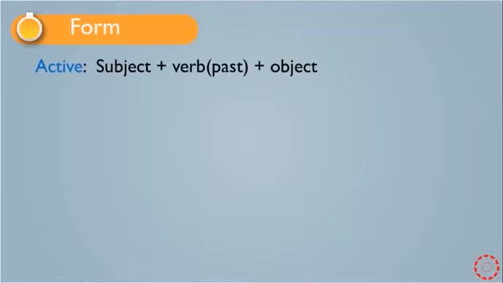So, what is the form of past simple passive? This is the active voice of past simple. We have the subject at the beginning, and then we have the past verb, and then we have the object.